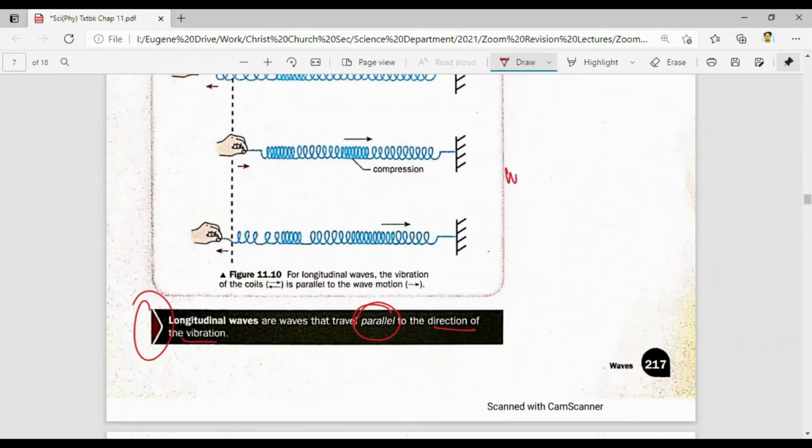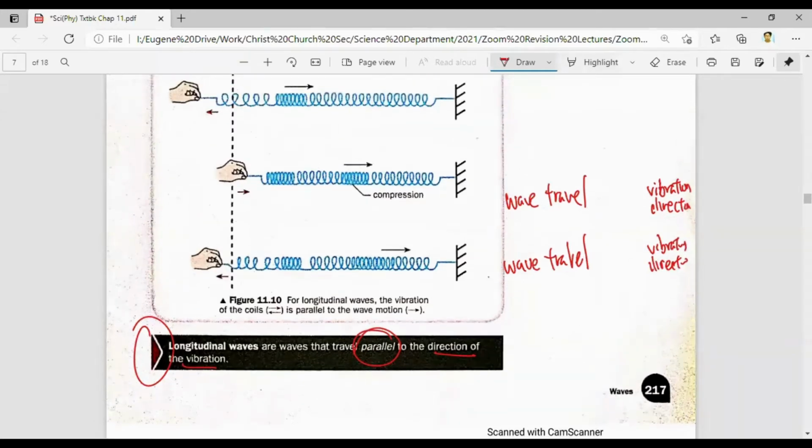So wave travel, okay, I'm just going to summarize the part here. Compared to the vibration direction, okay, pardon my handwriting.